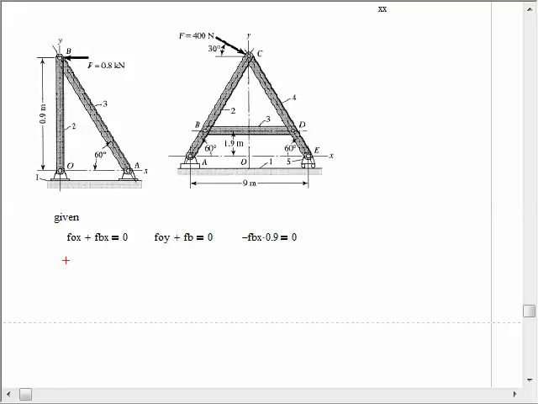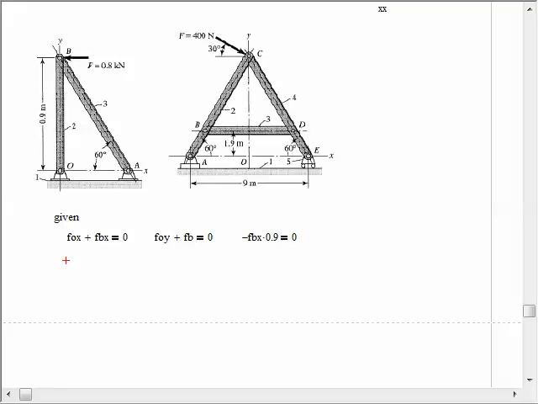Now what I want to do is look at the free body diagram for this link, and I'm going to assume down here at point A that the forces are positive, but up here at point B, I'm going to assume that those forces are in the negative direction to make them equal and opposite to the forces that were being applied on this body. And in addition, I will include the 0.8 kilonewtons.